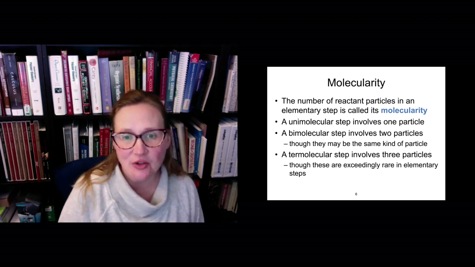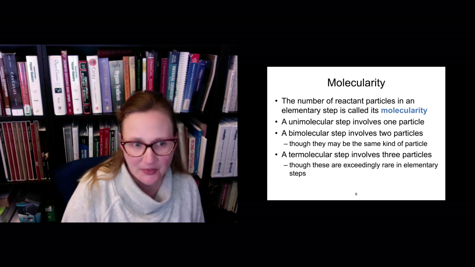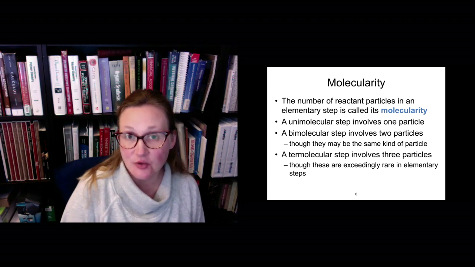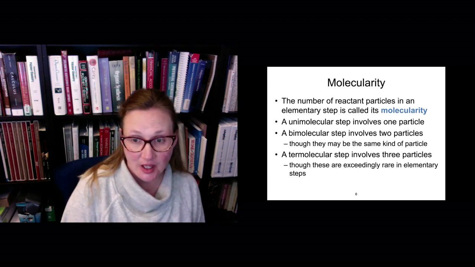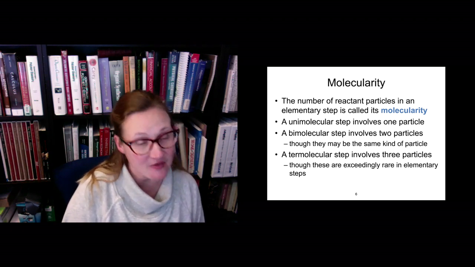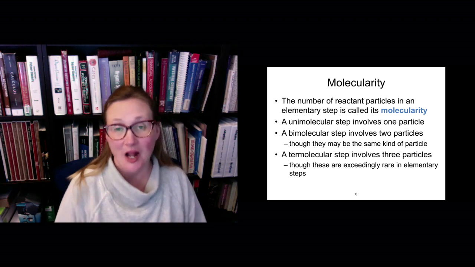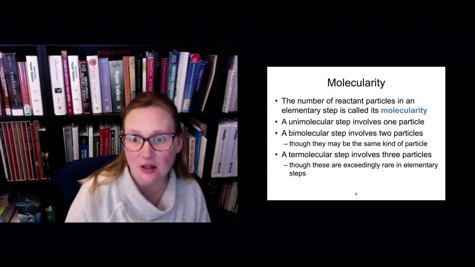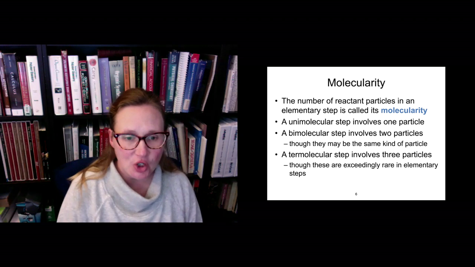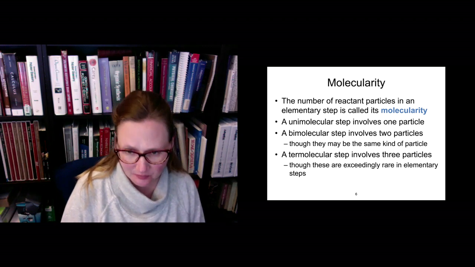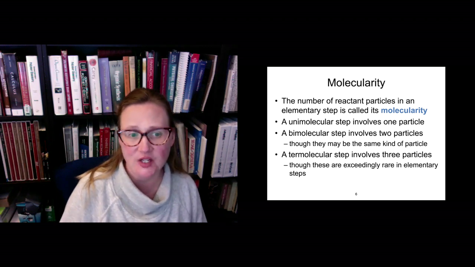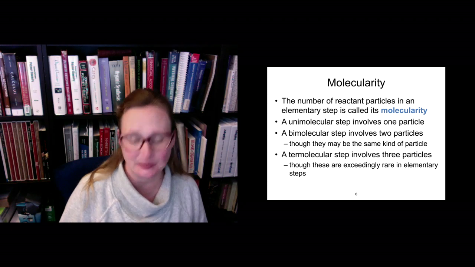So a unimolecular step involves 1 particle. A bimolecular step involves 2 particles, or they could be the same kind of particle, so two of the same molecules that collide together. And then a termolecular step is one that involves 3 particles.